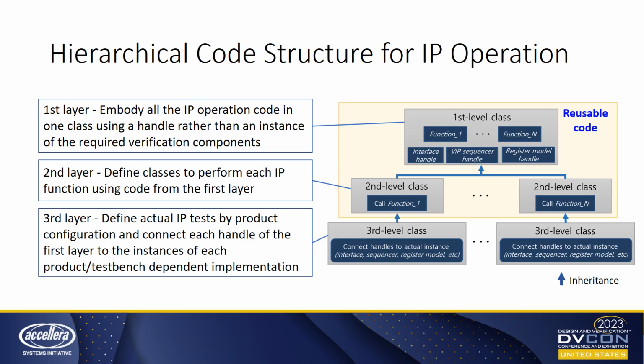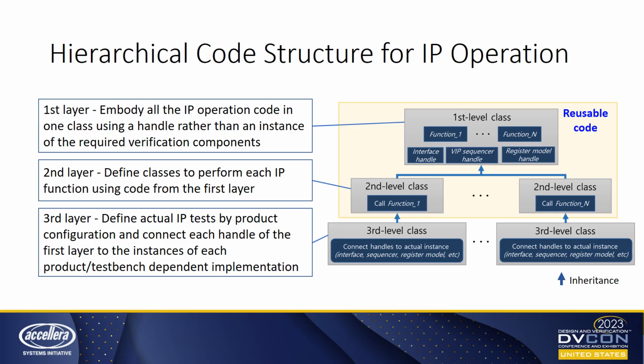This class inherits the first layer class, and it implements only the code that calls a specific IP function from the first layer. The third layer has as many classes as the number of IP functions and the number of IP instances of a product.